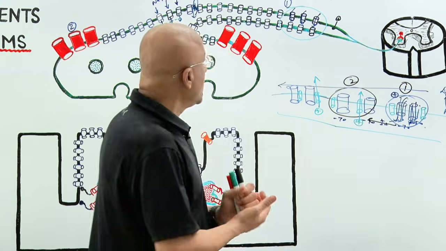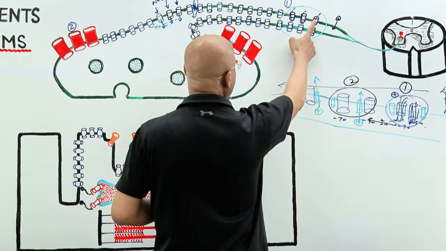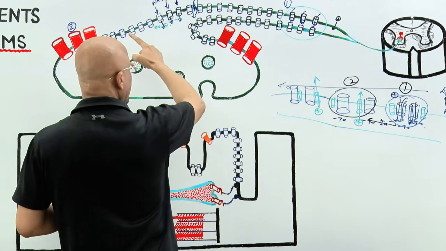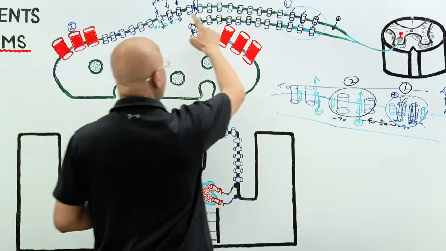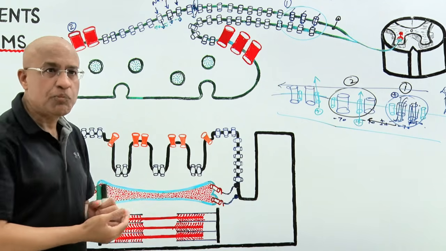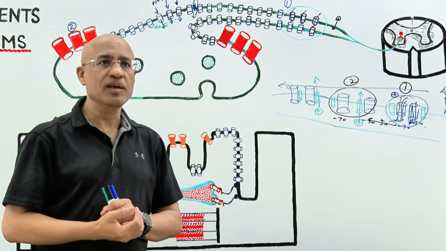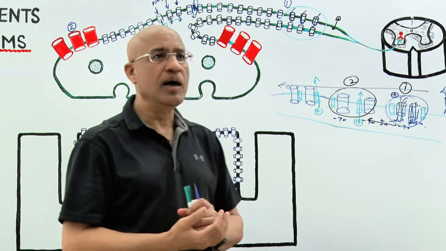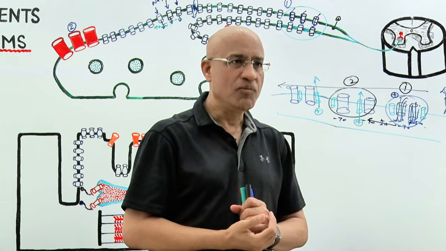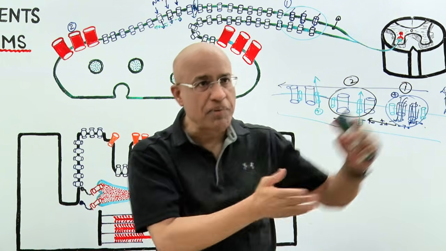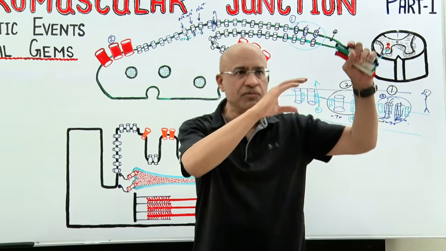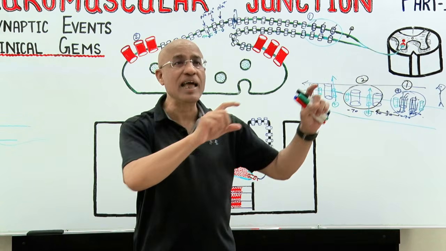Now, because the wave of depolarization is followed by a wave of repolarization, we can say that both of them comprise a fluctuating potential across the membrane which is propagating, which is in action.